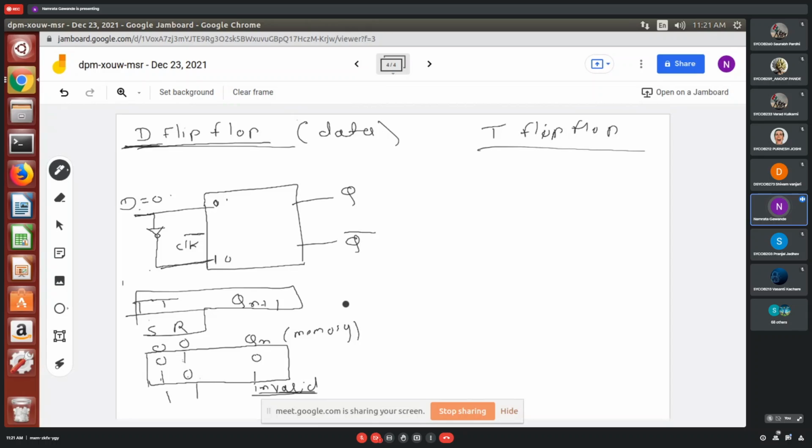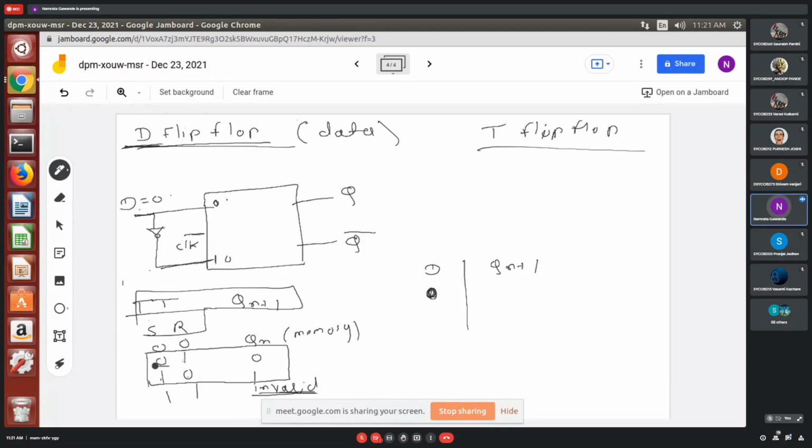So what is the truth table for the D flip-flop that we can write? If we take the next state, first we take D as 0, then what is Qn plus 1? You have to check.